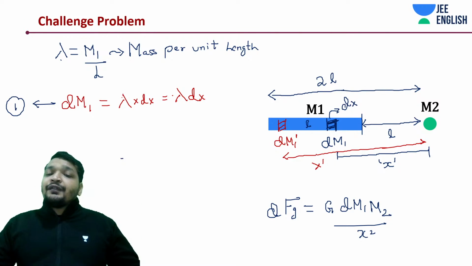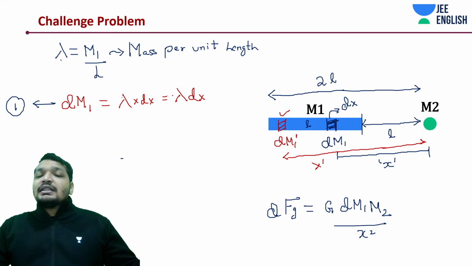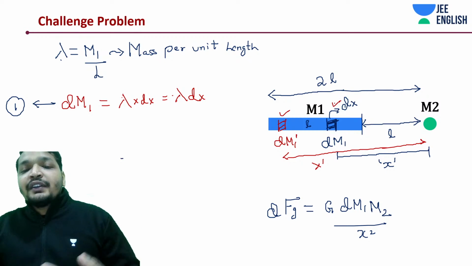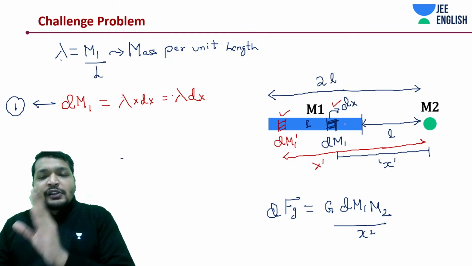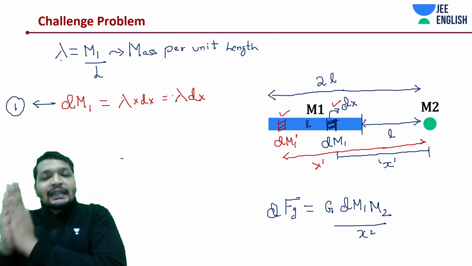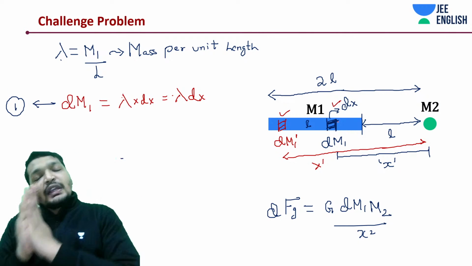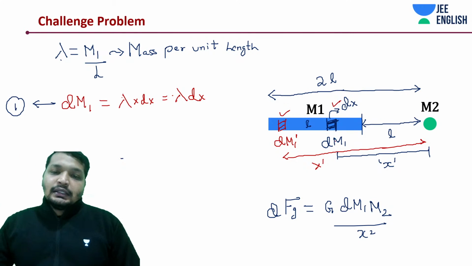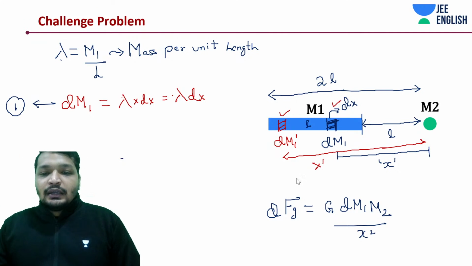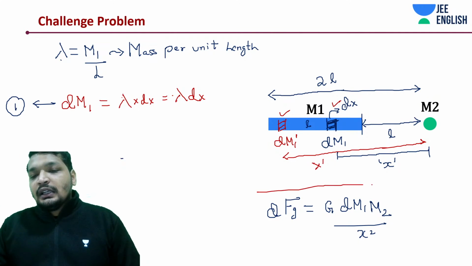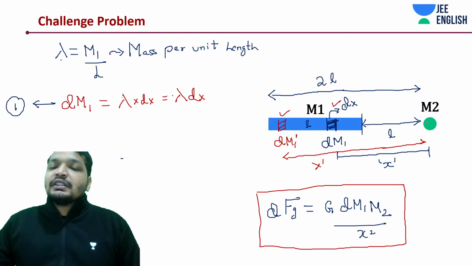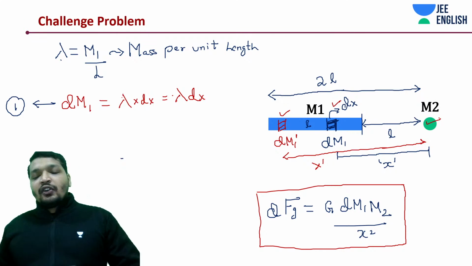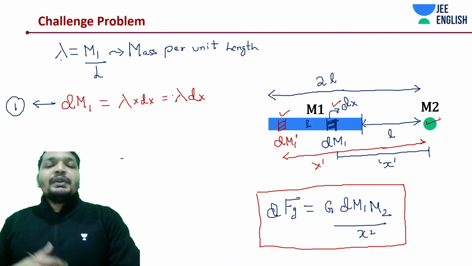Hence the gravitational force due to this elemental mass is different compared to the gravitational force due to that elemental mass. Hence, if you take the small elemental mass and integrate it from one end to the other end, it would be accurate. Is this clear? Two elements have two different impacts in terms of gravitational force on m2. Hence, we cannot take the whole mass to be at the center.